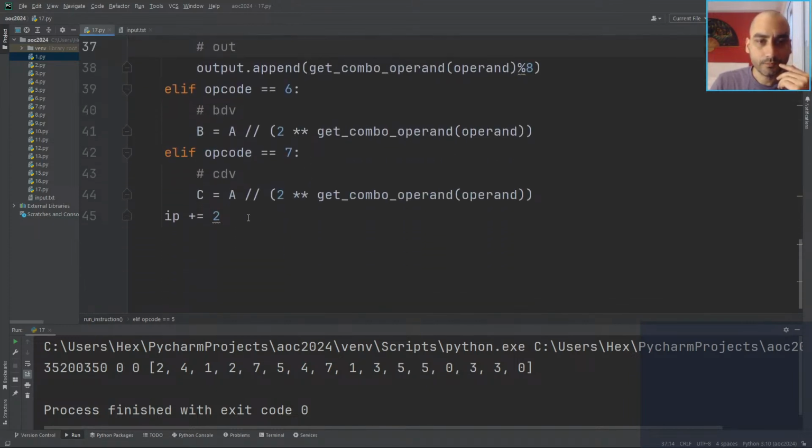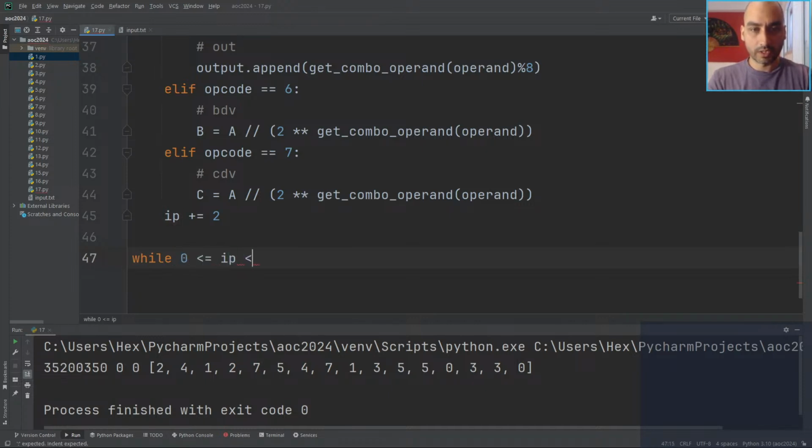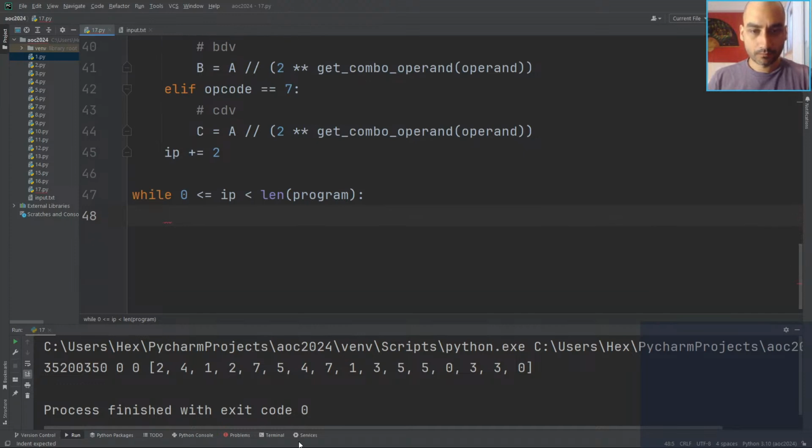So general use is, they said, while IP is between 0 and length of program, opcode, operand.